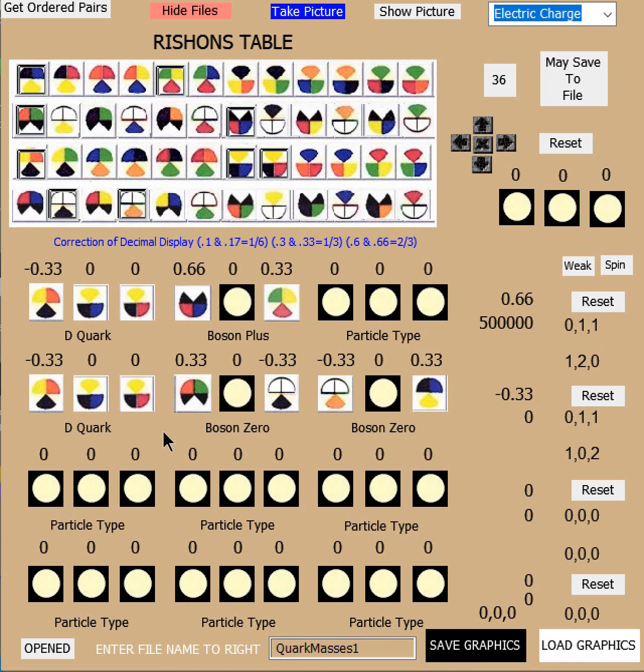Now, in this approach, when a flavored Rishon and a prime Rishon are composed together, they cancel their mass factor, which means they will not couple the generic D quark to the Higgs field. So this scalar boson plus will not increase the mass on this generic D quark.